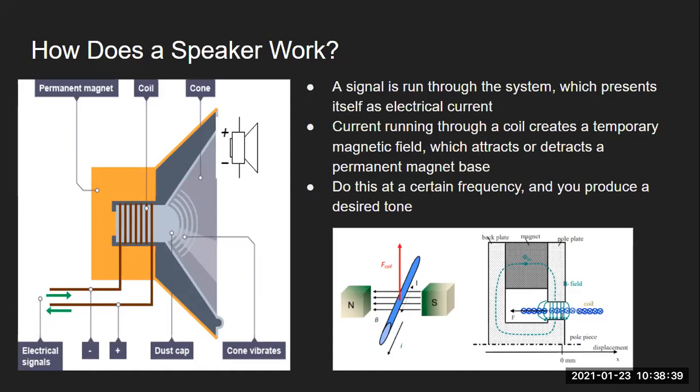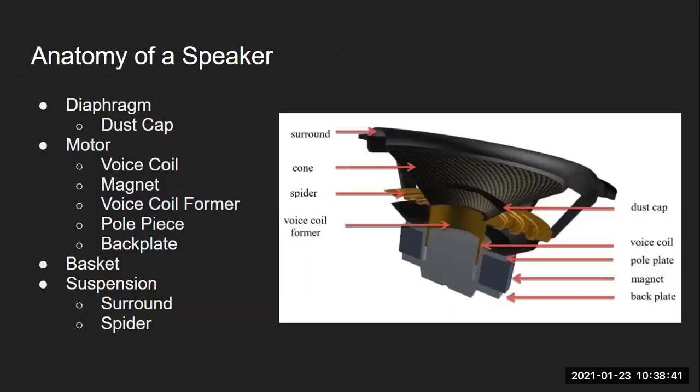Go to the next slide. So here's some of the more specific terminology in a nice diagram as well. We call the electromagnetic coil the voice coil, and that coil is put onto a former. That's the non-conductive structural component that is translating the motion of the coil to the diaphragm or the cone.